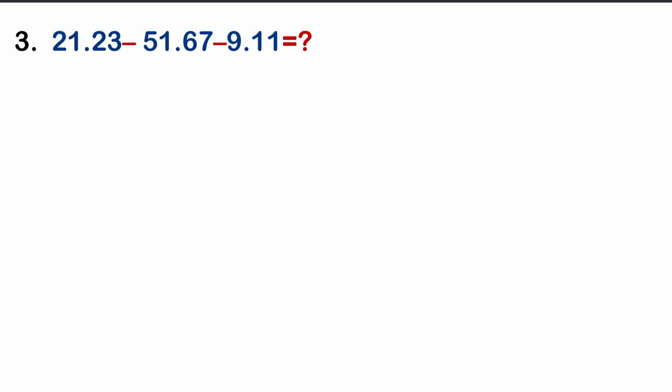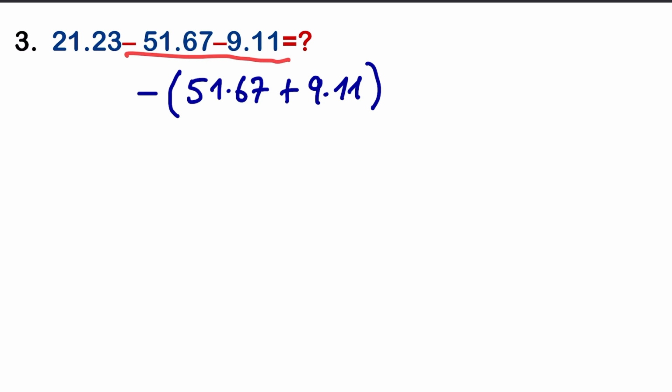For this question, we can as well simplify this first. If we simplify that, we do the same, factorize. So we are going to get the minus out: 51.67 plus 9.11.